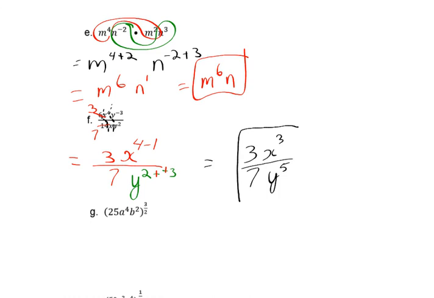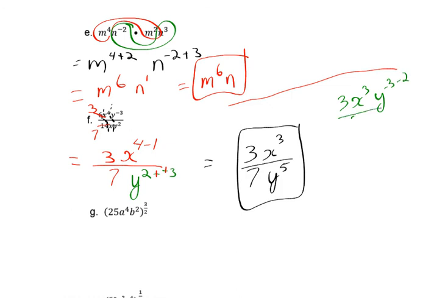Can't go any further. Done. Had you gone this way instead, had you said the y to the negative 3 minus 2, let's just say you went that direction, is not a problem.